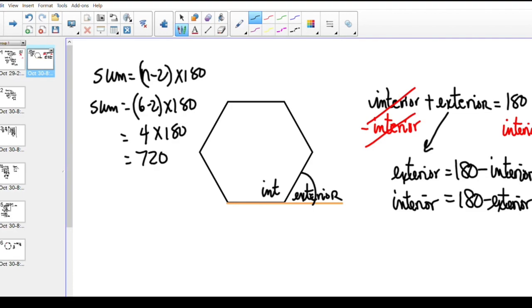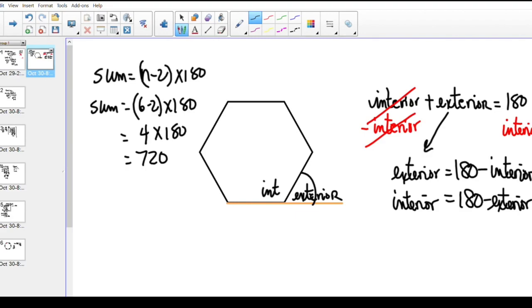Now, I will say this. We will be doing these pretty much this week, and you'll be surprised. You'll learn that the 5 is 540 and the 6 here is the 720. You'll start remembering that. Okay, now she said that's the sum of all of them. Now, we know there's how many angles in a hexagon?